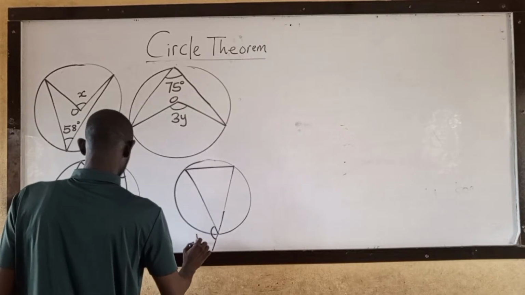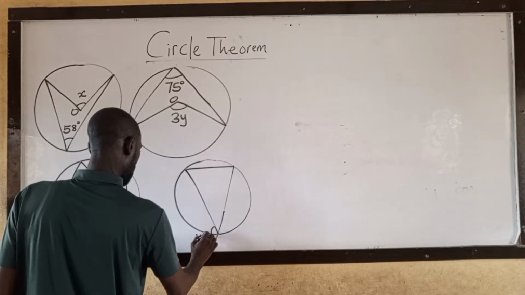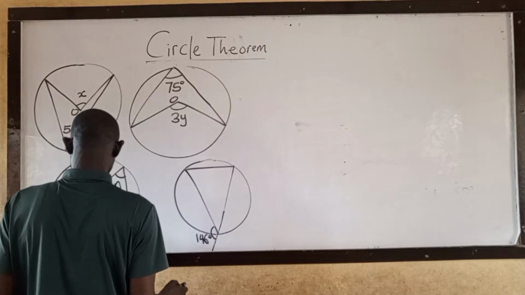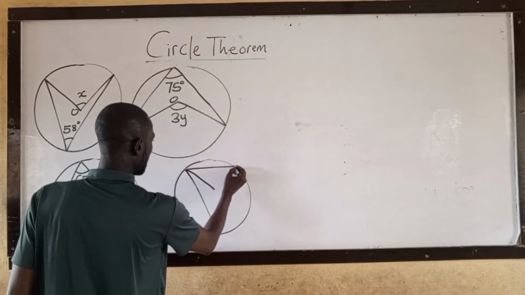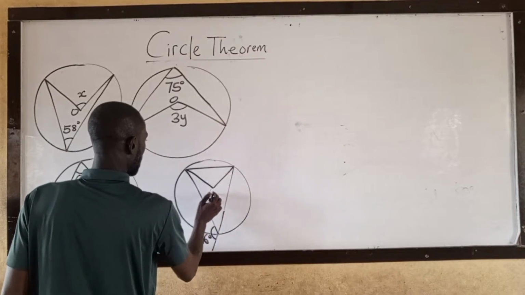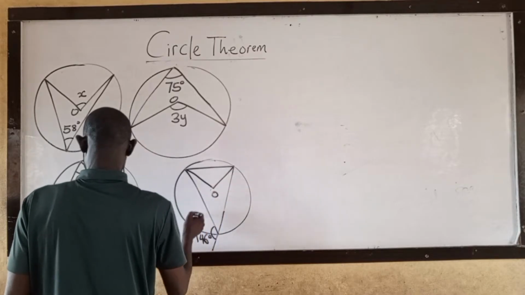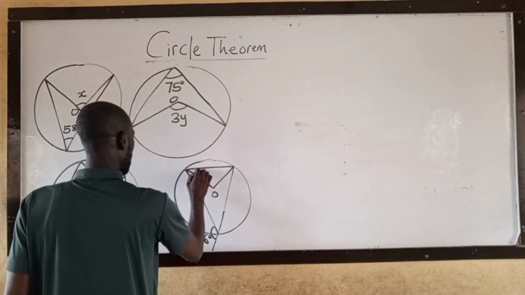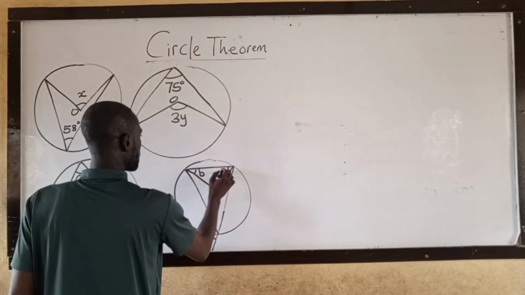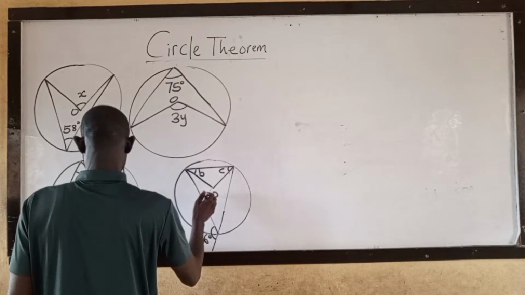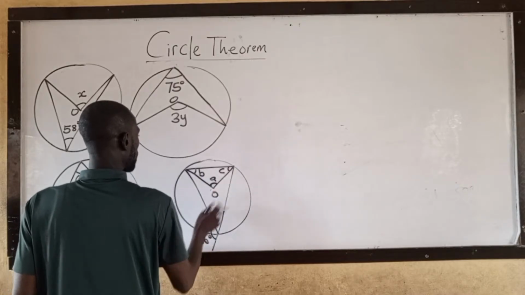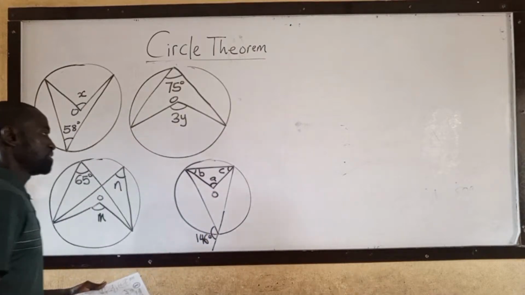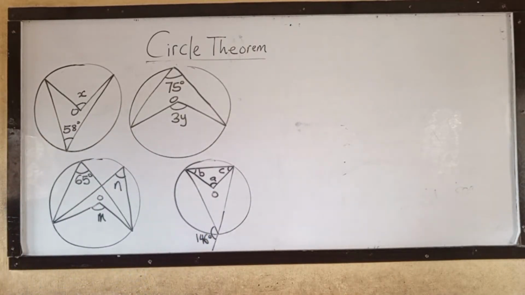This is 146 degrees. Now I have an internal angle. This one is center. You put B here, C is here, and A is here. So we have to find A, B, C. So let's solve these 4 questions.